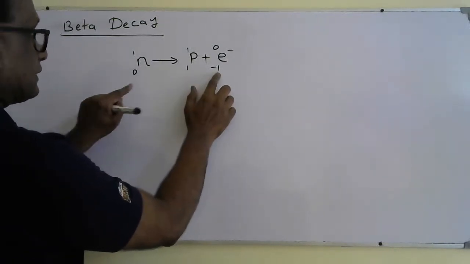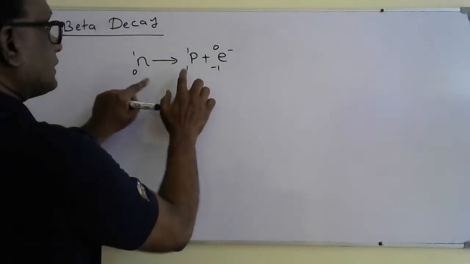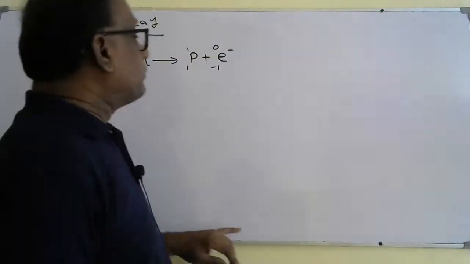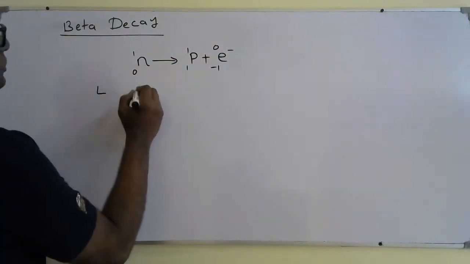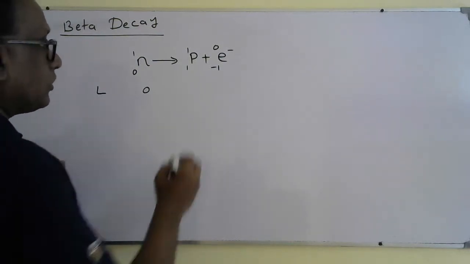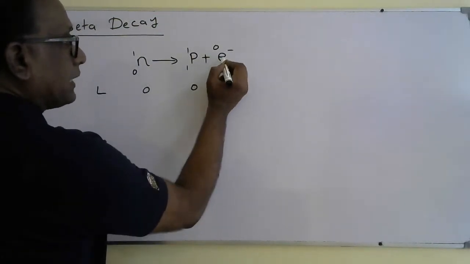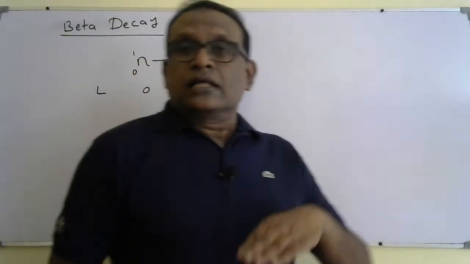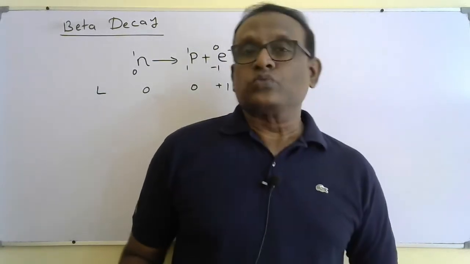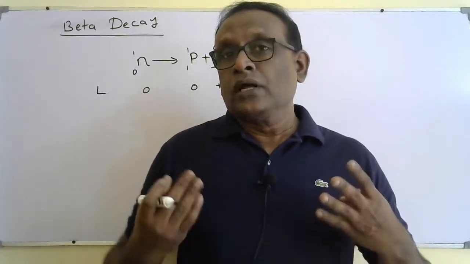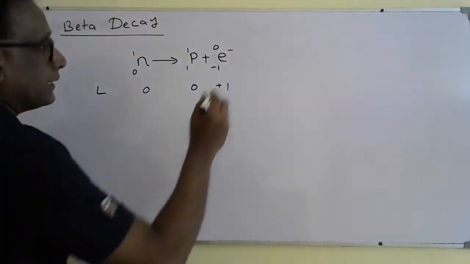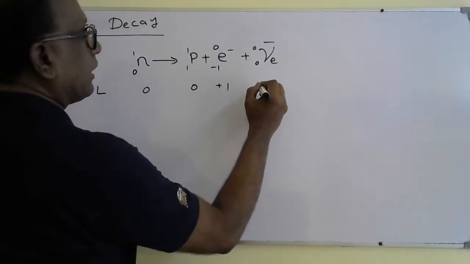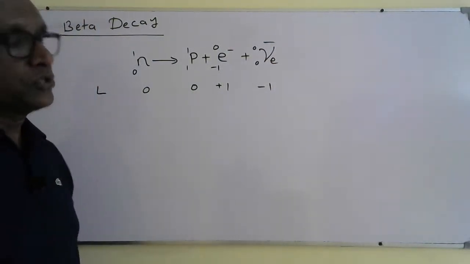The only such particle is the anti-electron neutrino, with lepton number -1. Now the lepton number is also balanced.